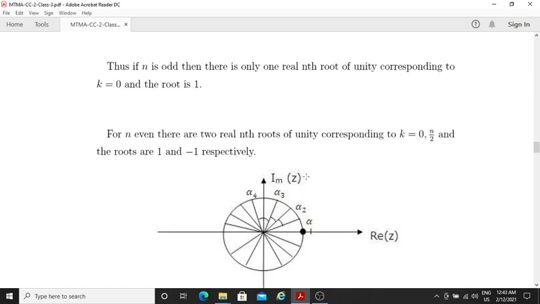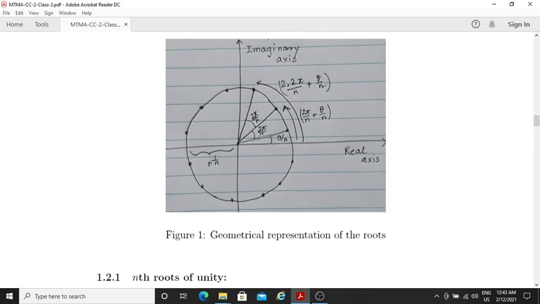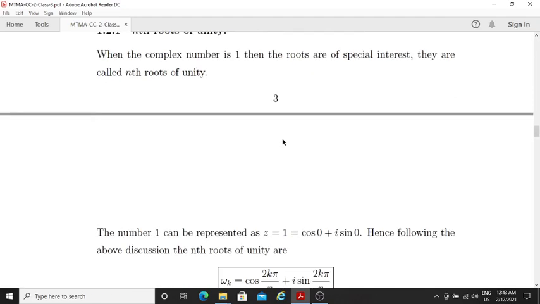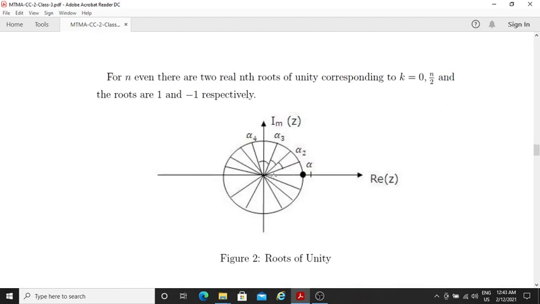If you remember from the last lecture, let me show you the last picture also. For k equals 0, you are supposed to get theta by n, and in this case theta is 0. So for k equals 0, you get an angle 0, so you'll get 1. That's the principal value. For the nth root of unity, 1 is the principal value.